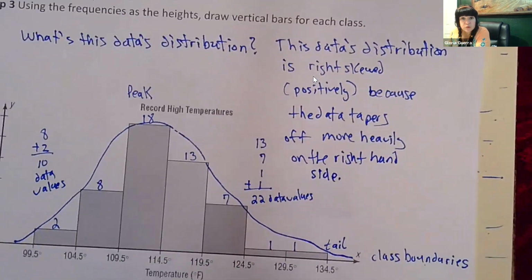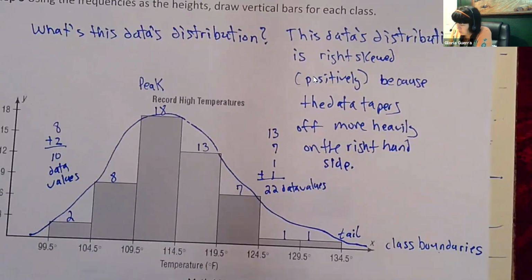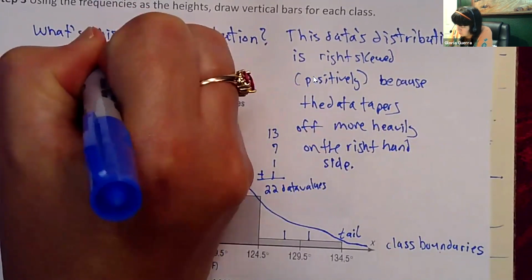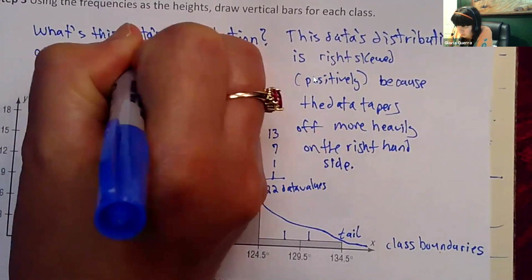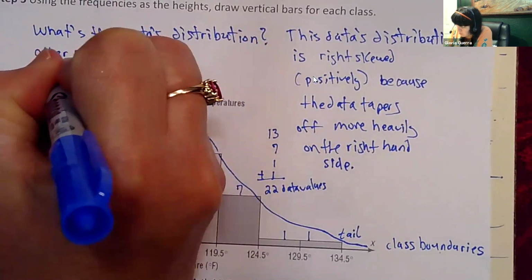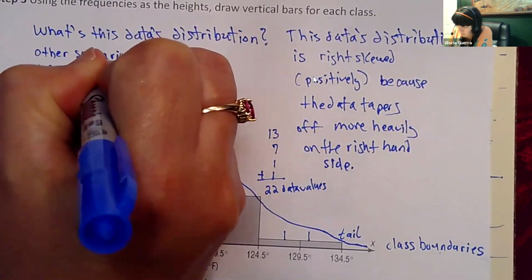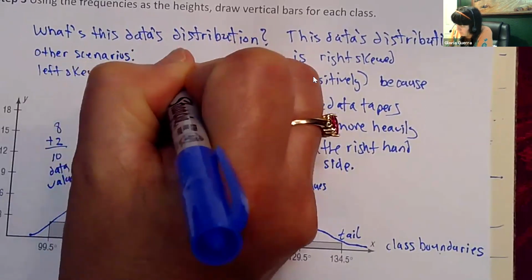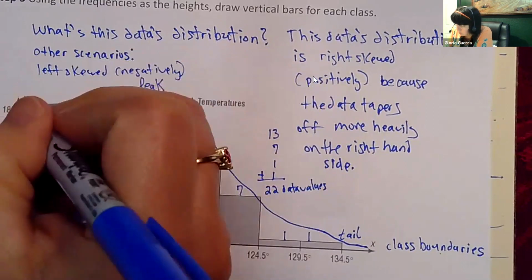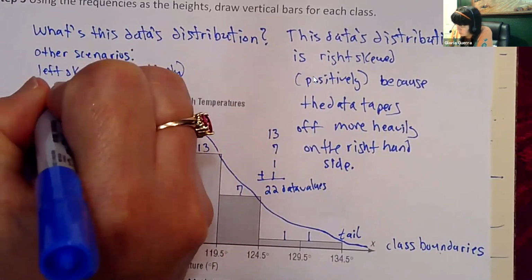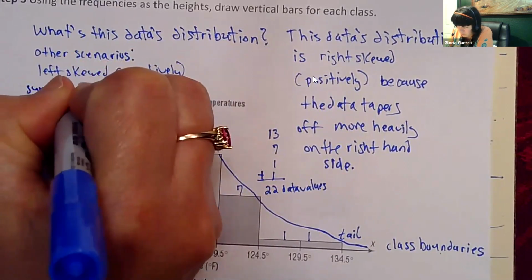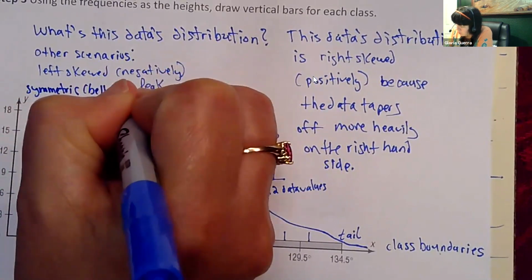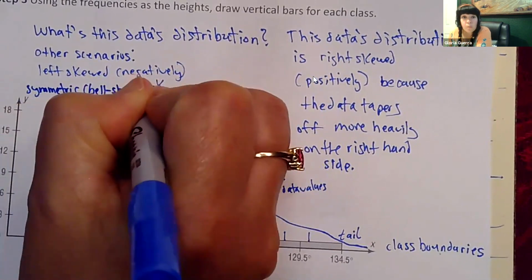And other choices could be other scenarios, could be left skewed, which is also negatively skewed, or other scenarios could be symmetric, which is oftentimes called bell shaped. Okay.